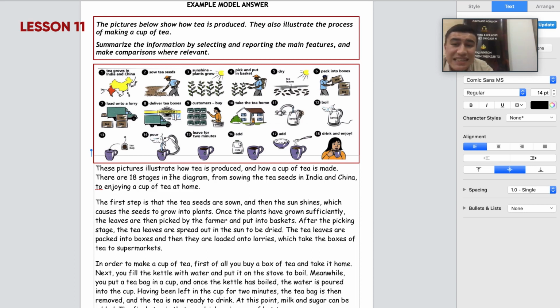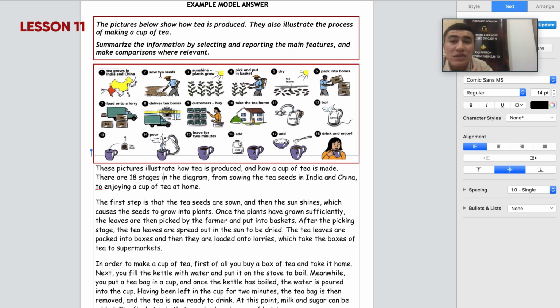There are 18 stages in the diagram, from sowing the tea seeds in India and China to enjoying a cup of tea at home. This is a little bit tricky part here, because as you can see, the first step in the diagram is actually information about the place where tea grows. Tea grows in India and China.